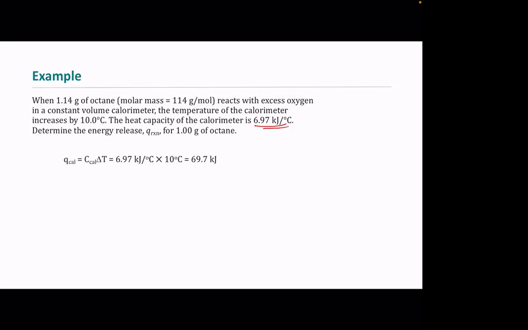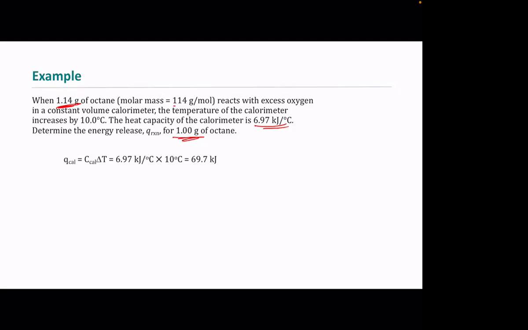You've got the delta T, 10 degrees. That's the 69.7 kilojoules. But it's asking for 1 gram, and you burned 1.14 grams. So you're not done, right? That number there is the heat associated with 1.14 grams.